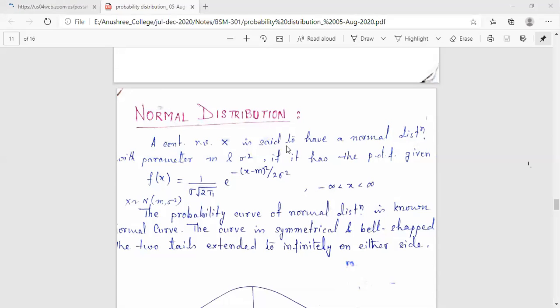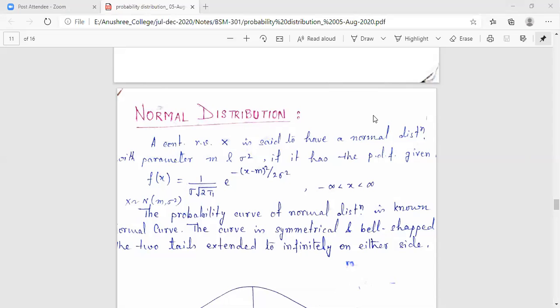As we have covered in our previous classes the theoretical distributions for the discrete random variable, now we are moving on to the theoretical distributions for continuous random variables. As we have learned, there are two types of random variables: one is discrete, another is continuous. For both cases, we need to cover the theoretical distributions.